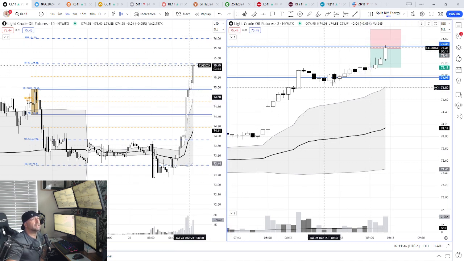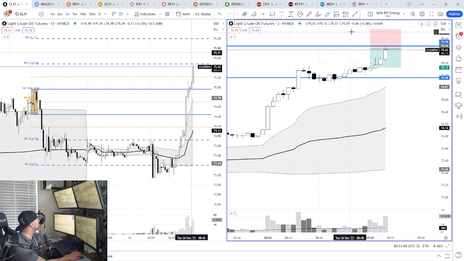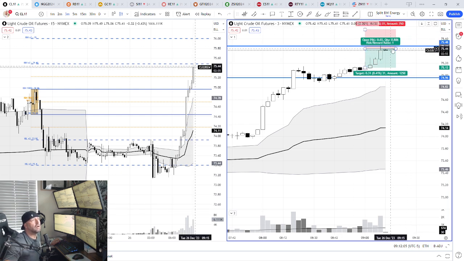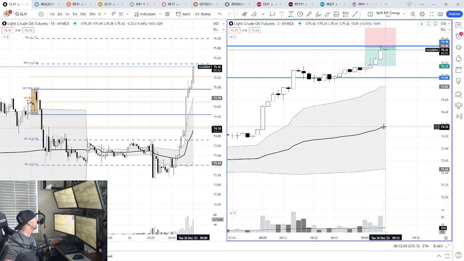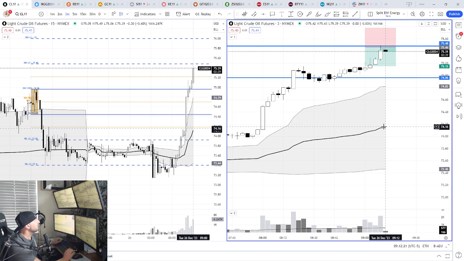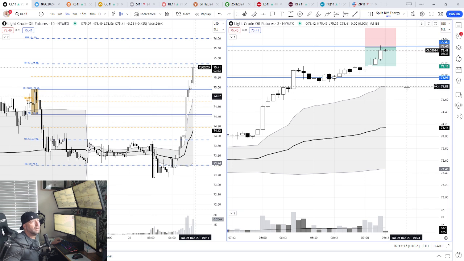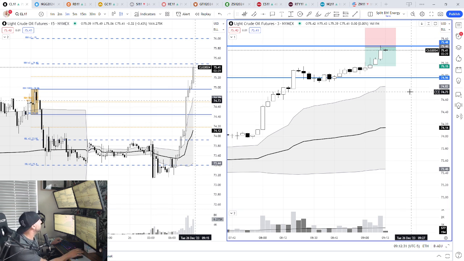Short at 46. I just got filled at 1. Pay for the trade. 10 tick winner. Let's see if I get a nice move on that second contract.